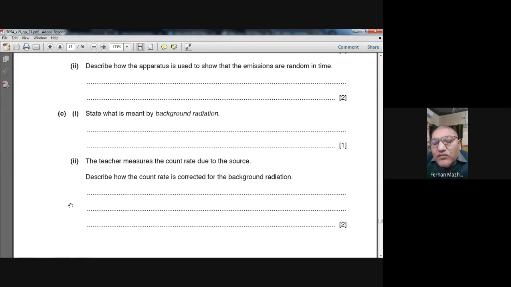You know that background radiation is coming out because there can be many sources around us. For example, there might be some minerals in the soil which are radioactive. There might be radioactive rocks beneath our soil, and there might be some radioactive waste dumped in our area or a little away from our area.